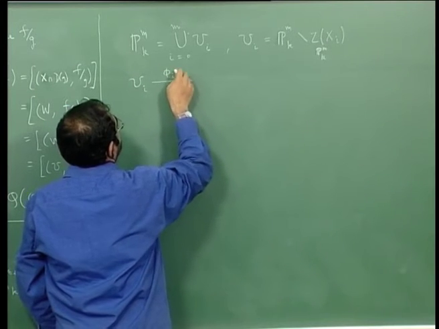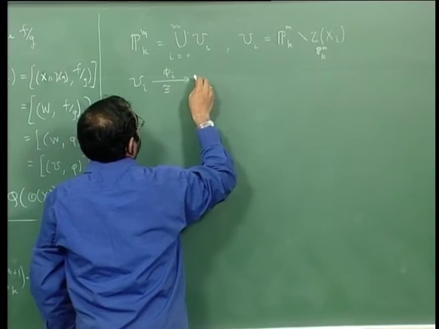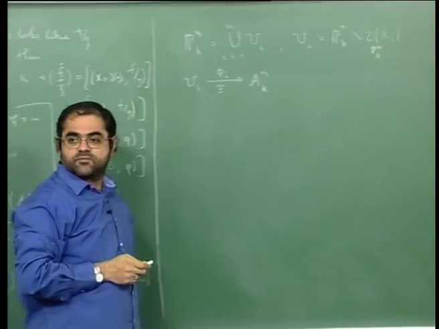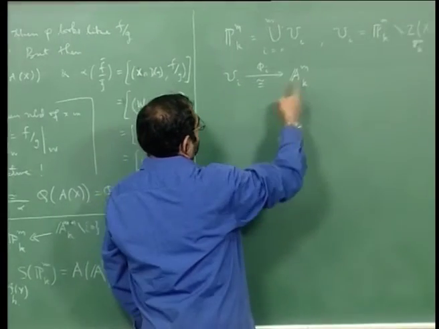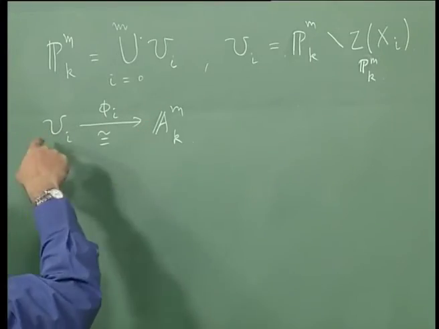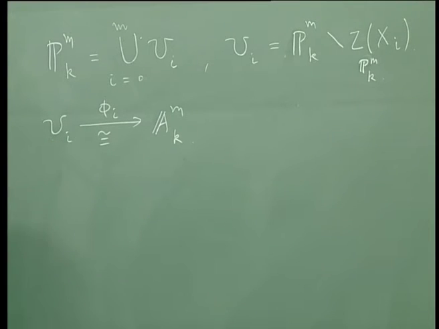And these U_i's are all open sets, and we have seen that there are isomorphisms phi from U_i to A^m. You know how these isomorphisms are written. U_i corresponds to all those points with projective homogeneous coordinates with i-th coordinate not 0.